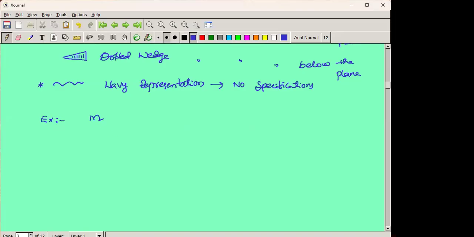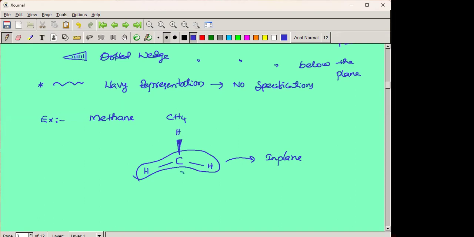So here I am going to take methane as a simple example. Here we have a carbon atom surrounded by hydrogens, in which 2 bonds I am going to represent with the normal line, which means these atoms are present in the plane. Then I represent one atom with a thick wedge, above the plane, so that hydrogen is above the plane.